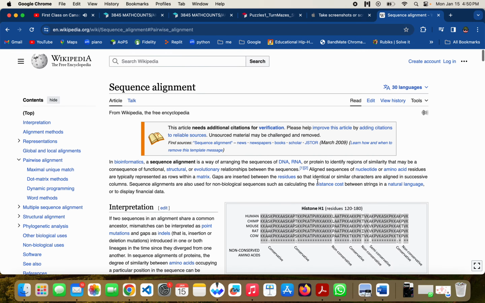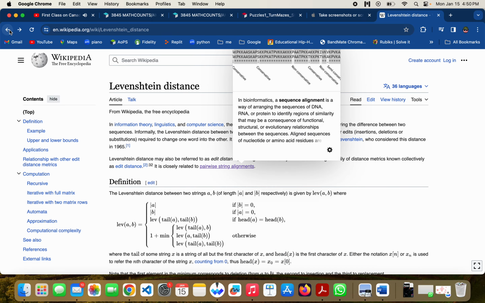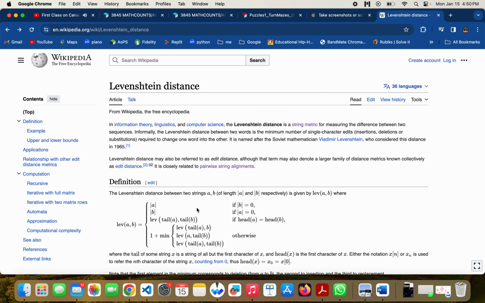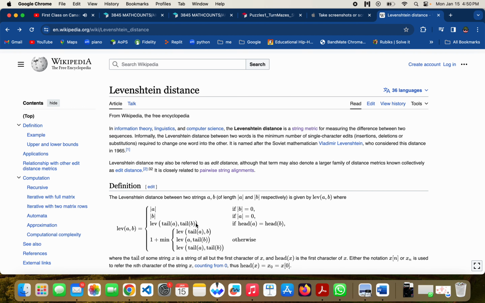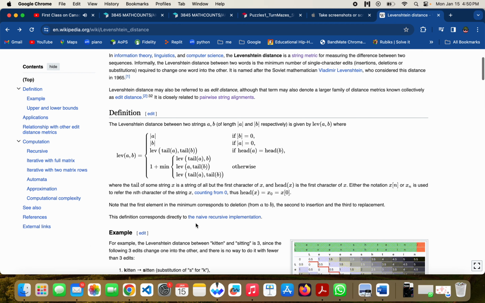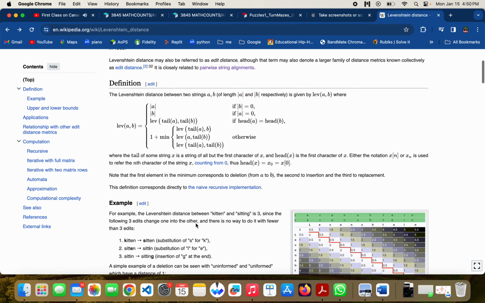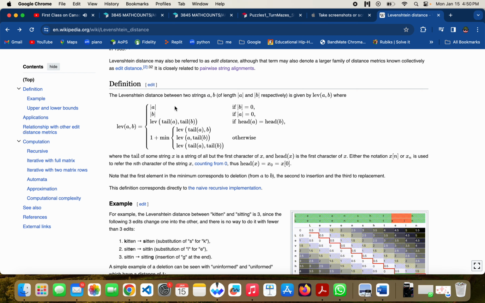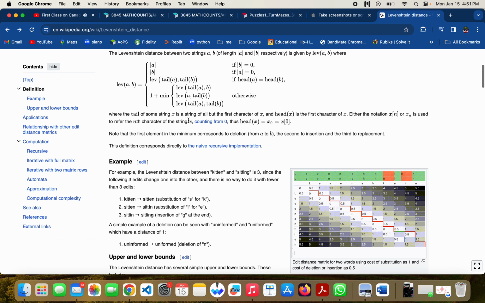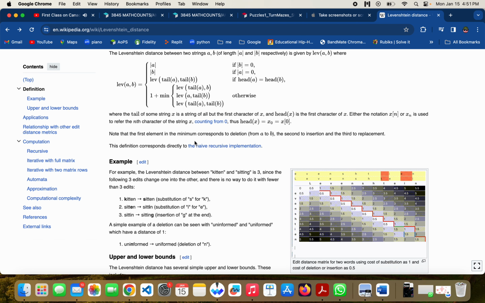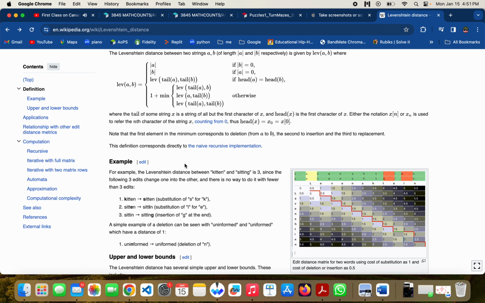Anyway, so let's look at how far we're back. Levenshtein distance. Two strings A and B. For example, the Levenshtein distance between kitten and sitting is 3, since the following three edits change one into the other.